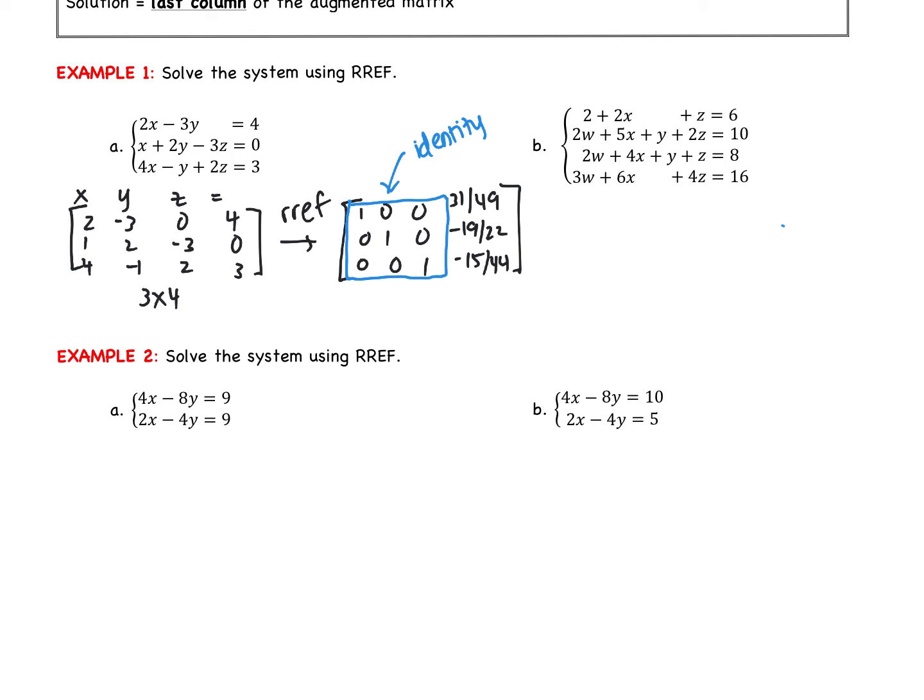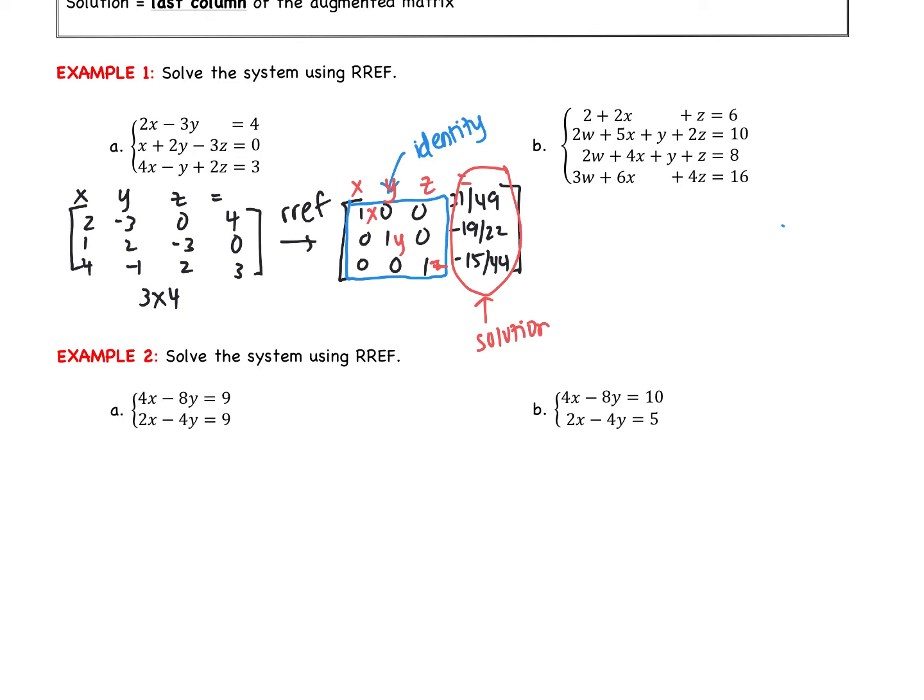Now, if we remember, we said x is the first number, y is the second number, z is the third number. So if we follow those 1s, we have 1x, 1y, 1z equals these last numbers then. This is our solution.